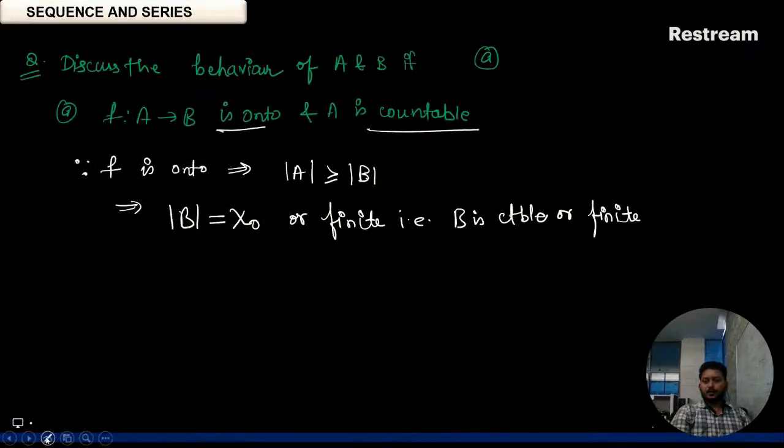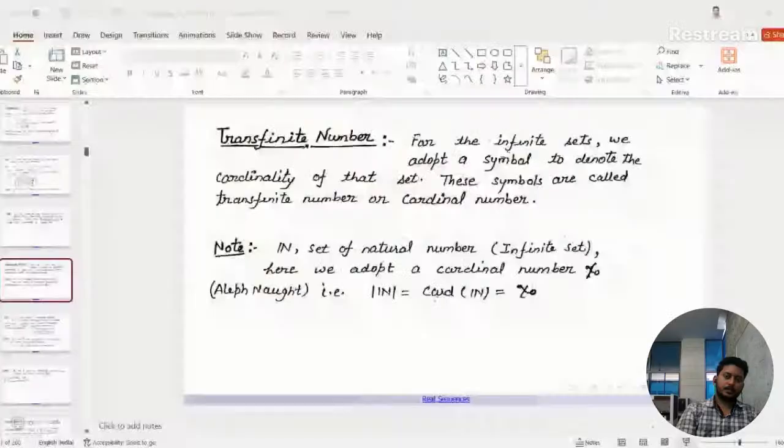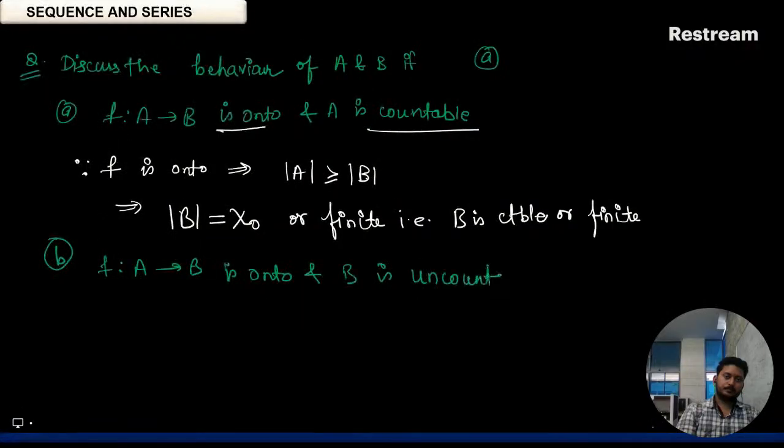Okay. So next part for B, take another mapping from A to B and say that it is onto and B is uncountable. So how can you elaborate this?